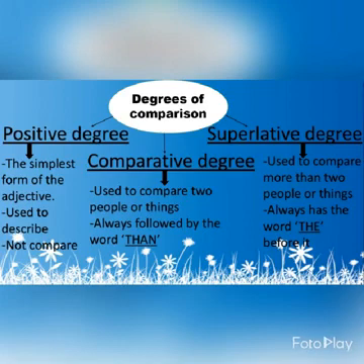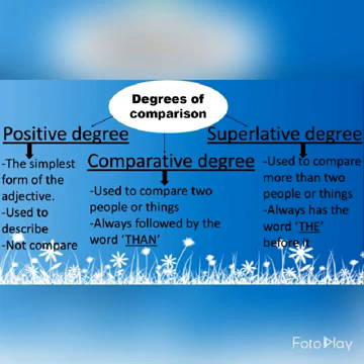These adjectives are used to describe. We don't compare in this form of adjectives. Like in the example you have seen, Ajay is a tall boy. I have used the simplest form tall in this sentence, and I have not compared Ajay with anyone.